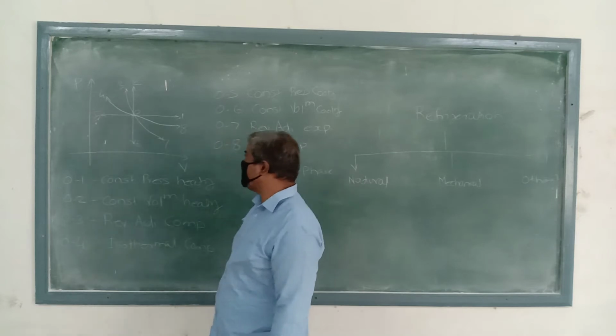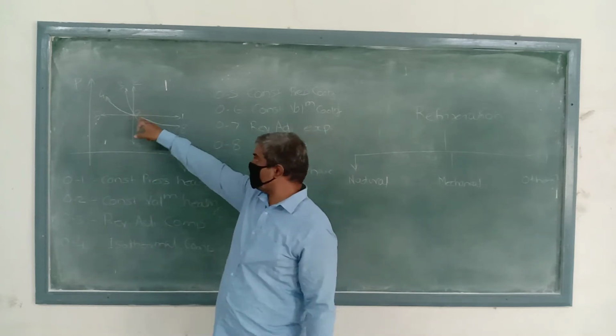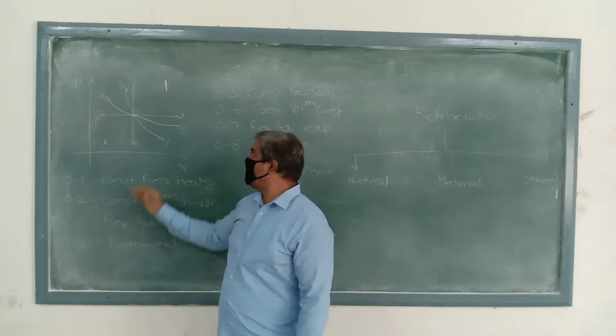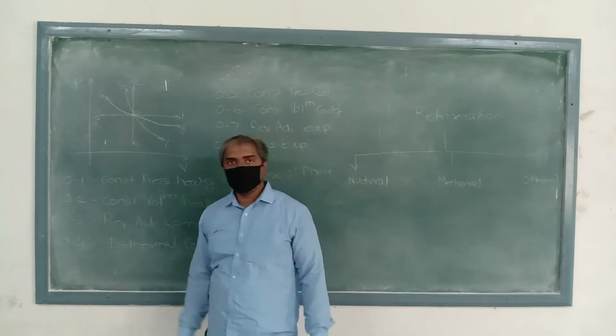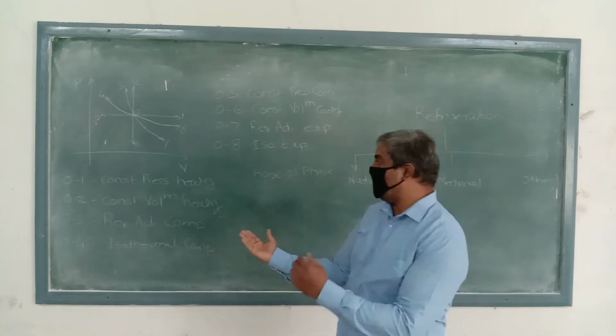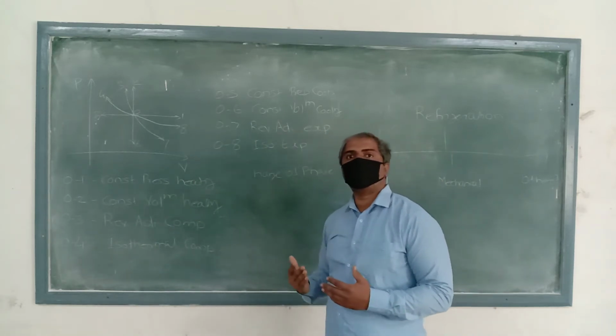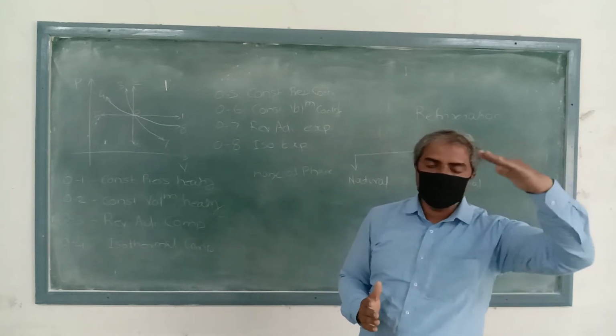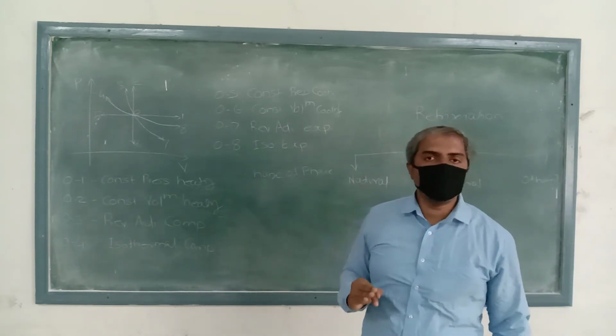Now in the third process you find that the volume is decreasing, but the pressure is increasing. How does this happen? This is the reversible adiabatic process. As volume is decreasing and pressure is increasing, this is a compression process.